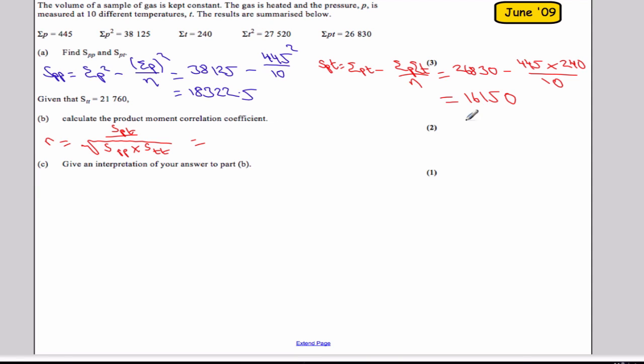Spt we've worked out as 16150, divided by the square root of Spp, which is 18322.5, times Stt, 21760.